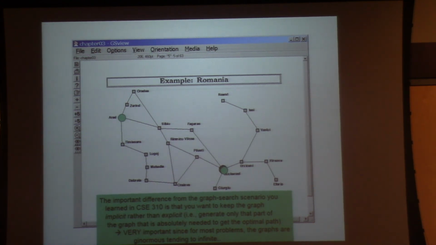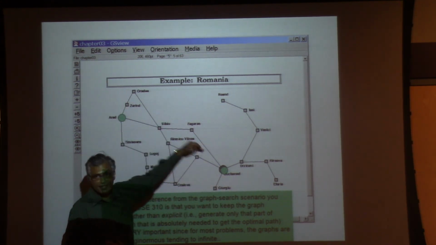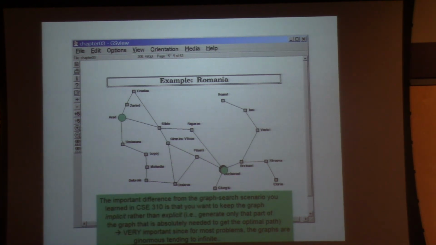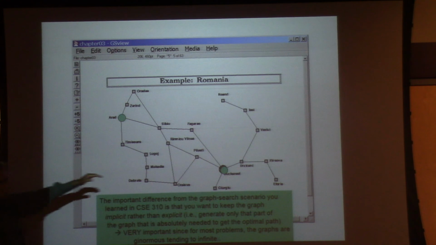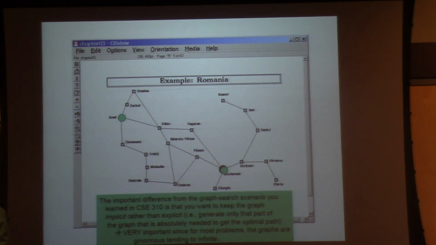Now, to find the path, we'll be finding the optimal path in this graph. As I said earlier, the difference between the 310 graph search and this is that the graphs are often implicit. Even though I wrote the graph here explicitly, typically the way a search problem is specified is I'll give you the initial state.